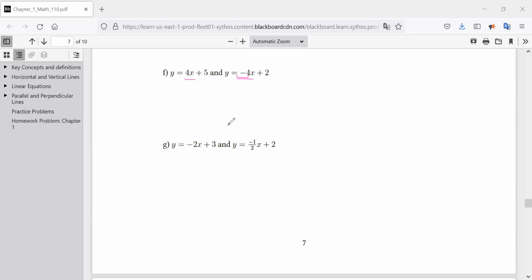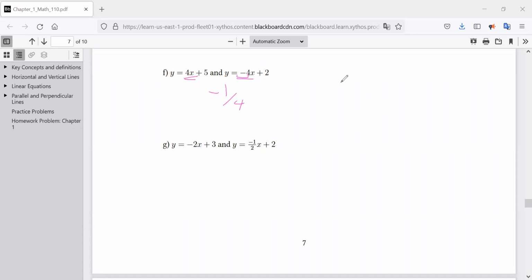Because we've got the negative. If they're parallel, they'd have the same slope. If they're perpendicular, so what's perpendicular to 4? It would be negative 1/4. These are going to be neither in the end.